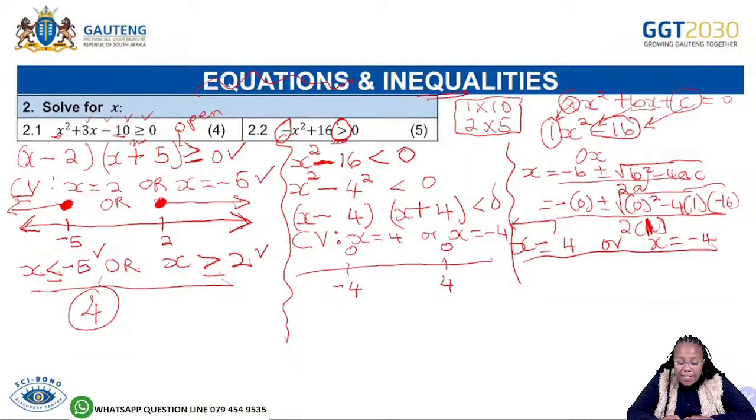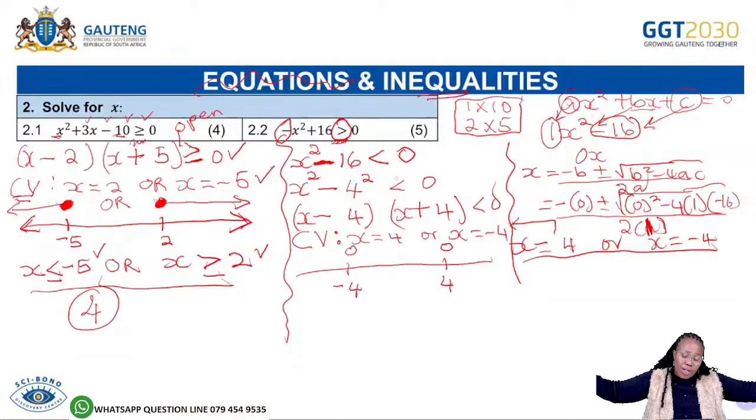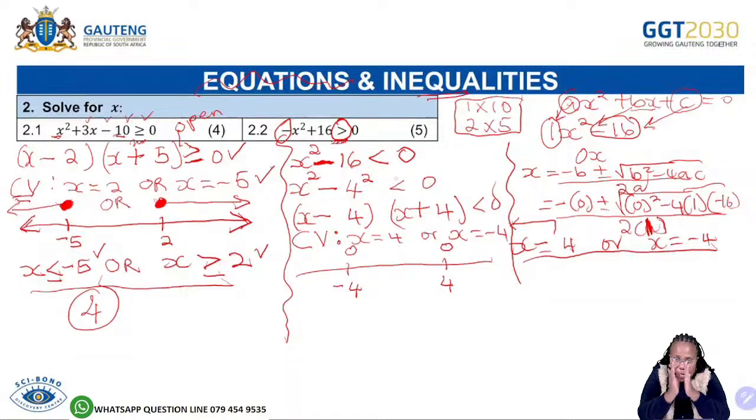Remember, with greater than, it's open, and it's a separate solution. With less than, you are becoming less, and therefore the shading will be inside. Your solution will be inside, because you are now less than.